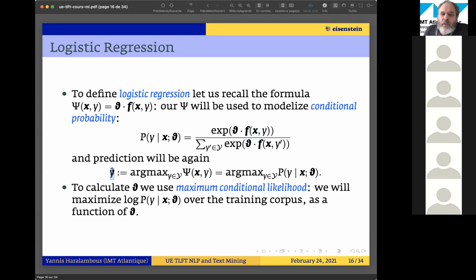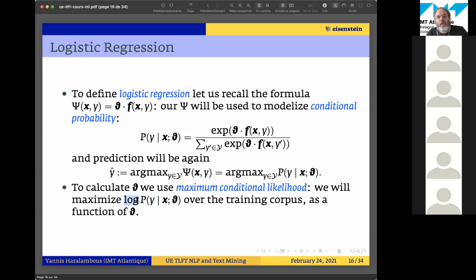What will be the prediction? Exactly the same as with naive Bayes. It's the argmax of this model. So which class gives the highest probability for a given individual? Again, to calculate theta, we use likelihood. Only this time it's called conditional likelihood, since it's conditional probability.